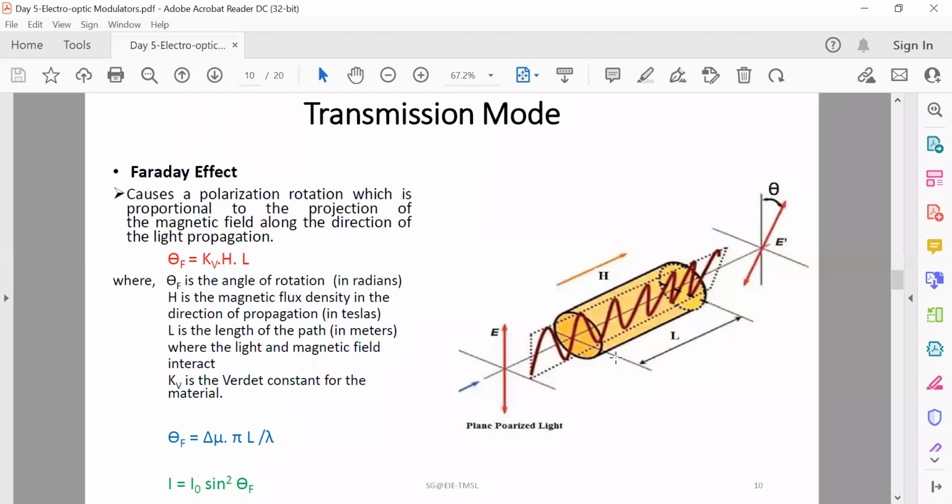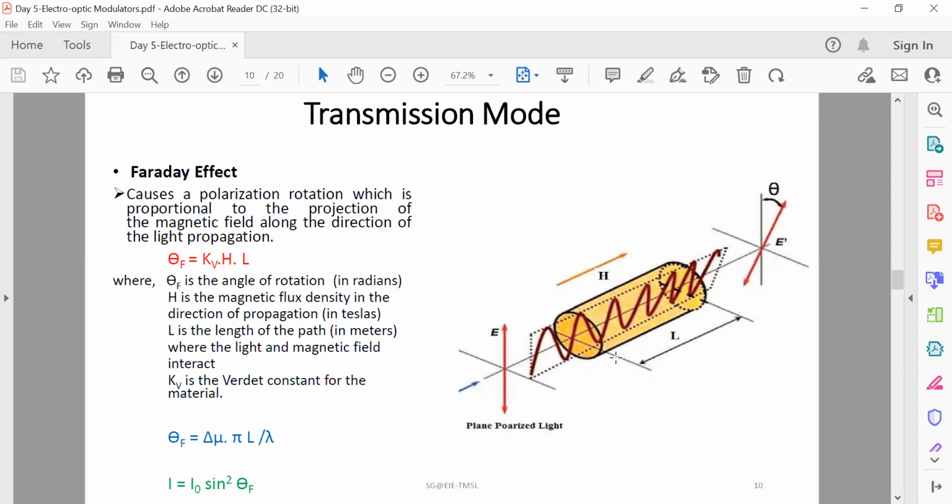When a magnetic field is applied, a double refraction effect is generated. Here the left and right circularly polarized light components are present and have different refractive indexes.